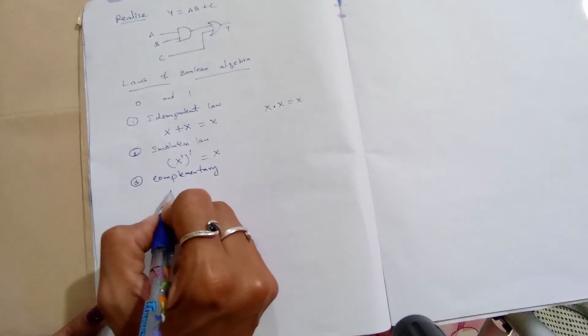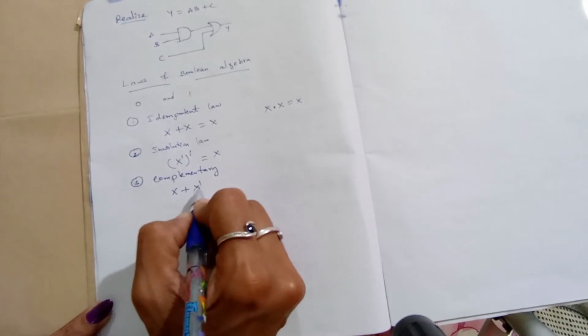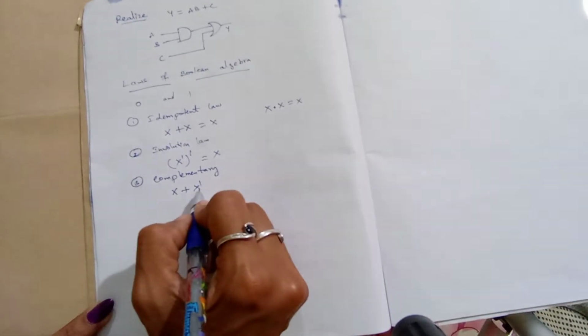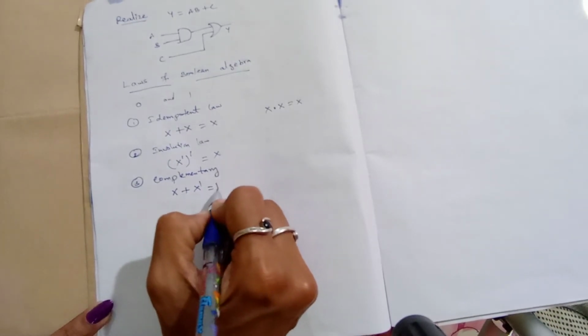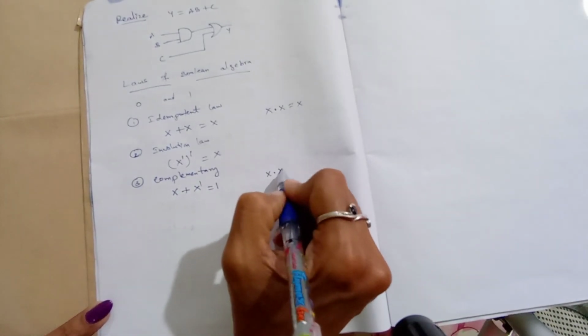That is, x is an input, ORing with x bar, the inverted input, with an OR gate, then you will get 1. If you do AND operation, then we'll get 0.